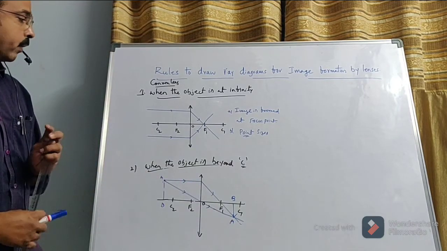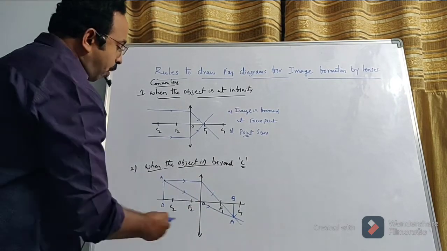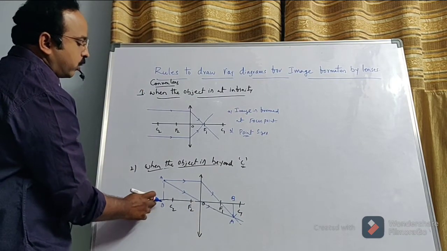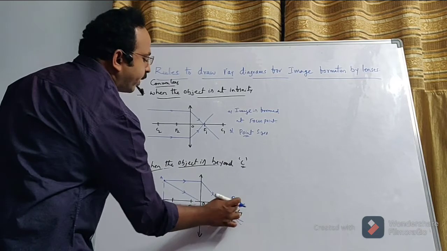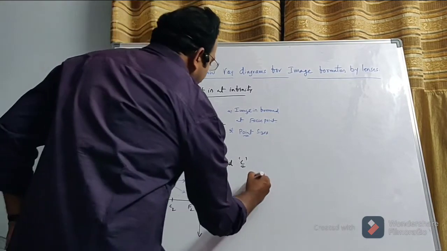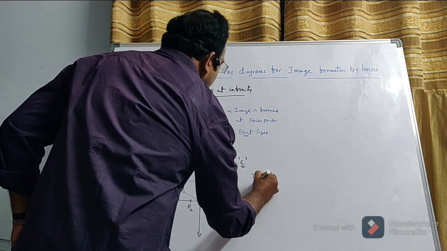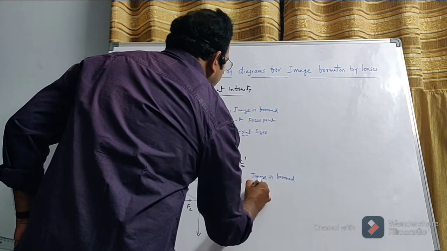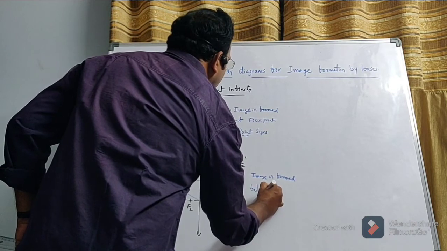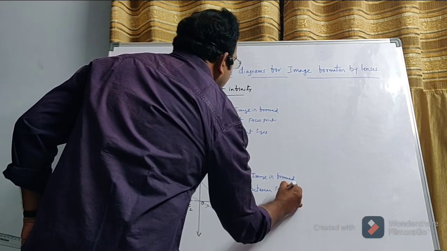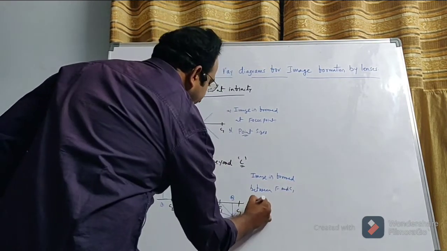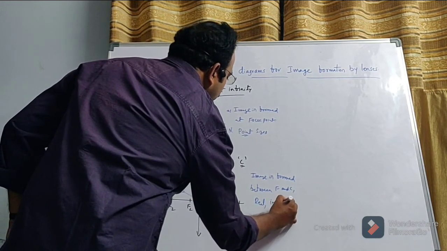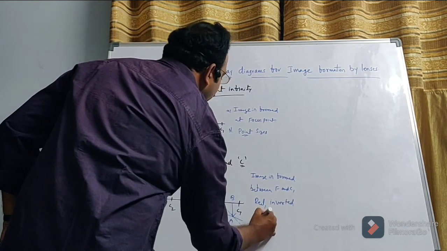Now we have to remember very well that the image is formed between F and C. When the object is kept beyond C2, the image is formed between F and C. That is very important. So we can write down that the image is formed between F and C. It is real, inverted, and also diminished.